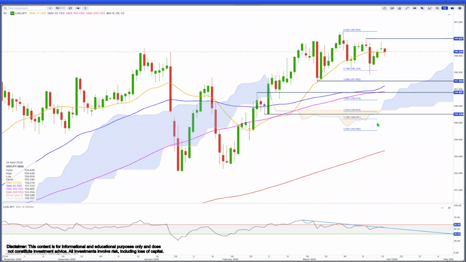So what we need for any direction, we either need to take out the lows here from that bigger candle there at 157.85. That can push it down to 156.80, where we then have the 55 and 100 moving average coming up, or which I believe will happen, but I'm not quite sure. Let's see if it happens.